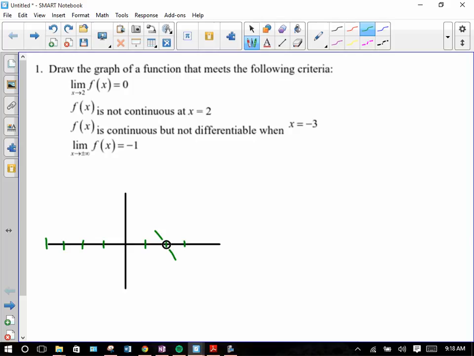So over here at x equals -3, we know that this function is going to have a corner or a cusp or a vertical tangent. Go ahead and choose. I think it's probably easiest to draw a corner. So let's put a corner right there.